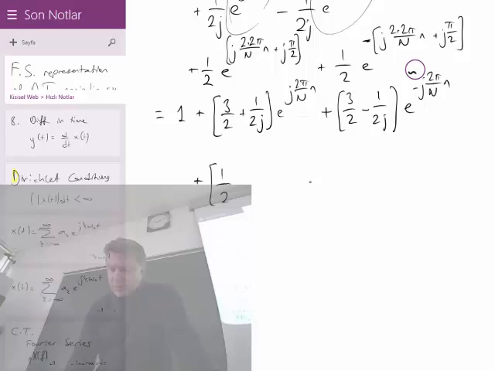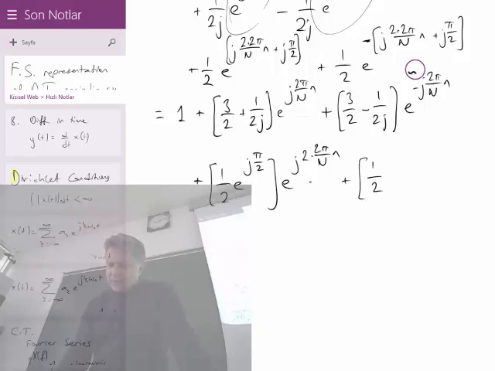It is 1 over 2 e to the j pi over 2, and that's it, times e to the j 2 times 2 pi over N is one term, and plus another parenthesis, again 1 over 2, I'm writing this one now, and the angle is e to the minus j pi over 2, times e to the minus j 2 times 2 pi over capital N n.